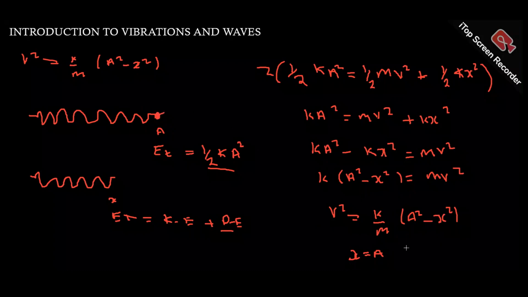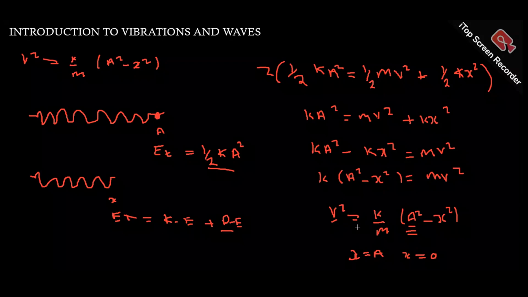However, when X is equal to 0, what is the value of V? We said it's the maximum. When you substitute 0 in this expression, you are not subtracting anything from this term, so it will still be at its maximum. So velocity is going to be the maximum.